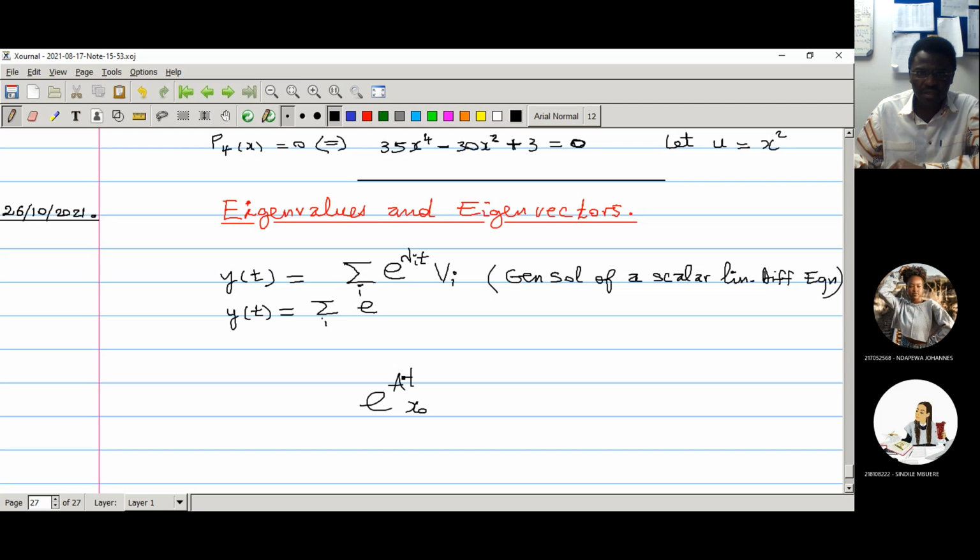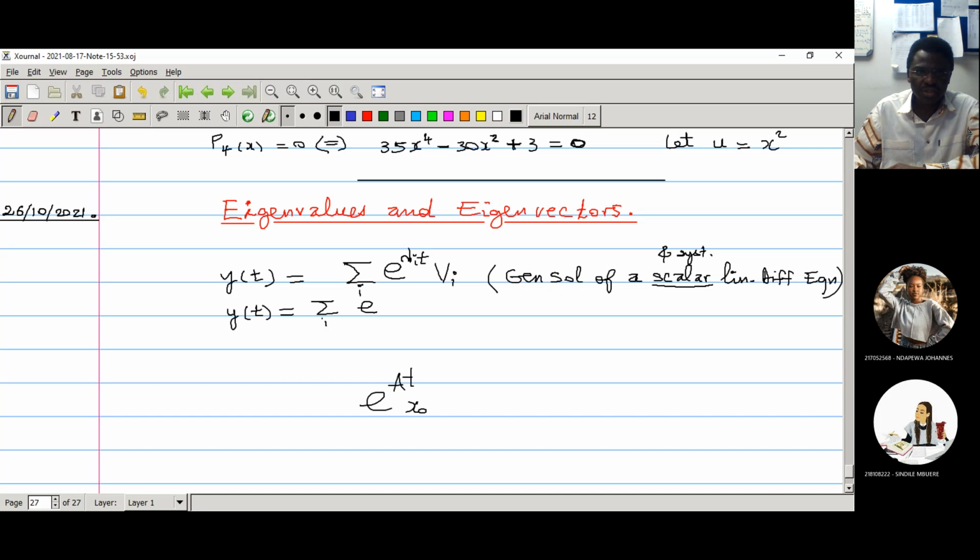When you multiply, it gives rise to this one, so this is a vector. In fact, not necessarily only for systems, not necessarily scalar versus system. Anyway, revise your numerical class.